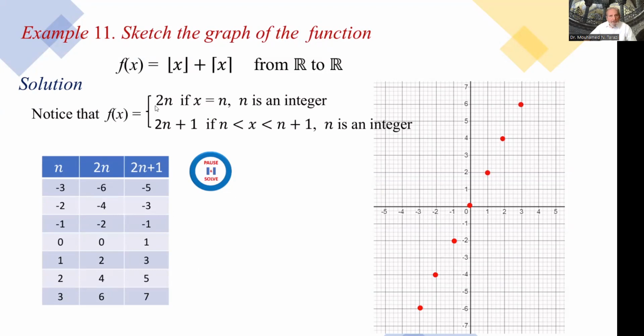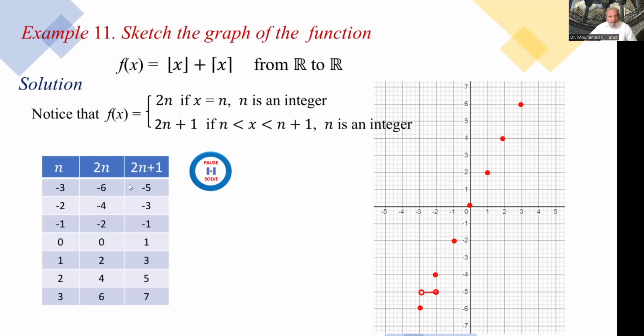Okay, now I'm done with this part. Now I need to do this part. I have the values here, but now I need to look at the intervals. When x is between -3 and -2, what do you get? -5.